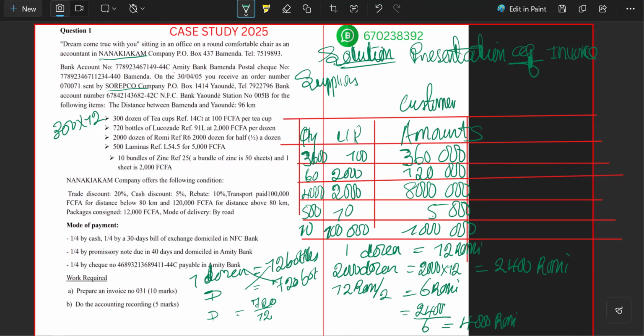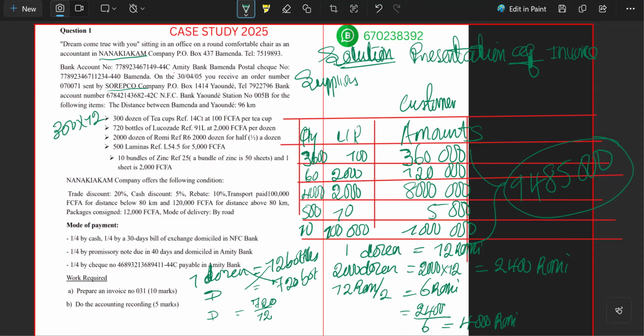So this is all about what we've calculated. So now if we sum all this amount that we have had, 360,000 plus 120 plus 8 million plus 5,000 plus 1 million, we should have a sum total of 9,485,000.